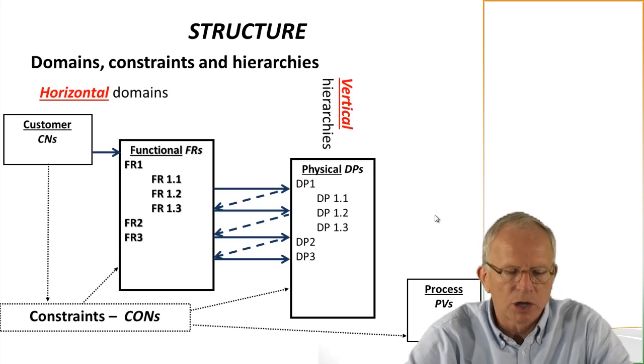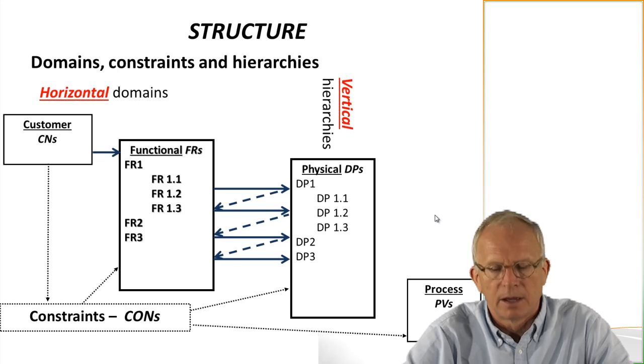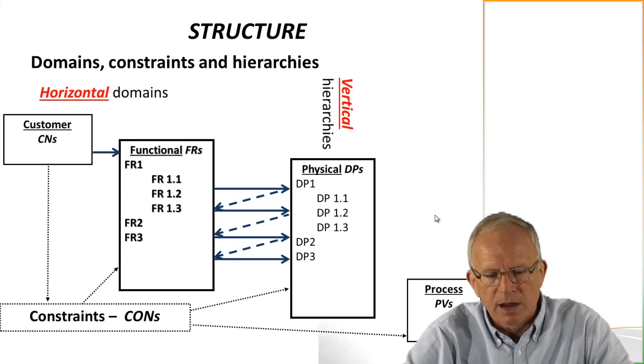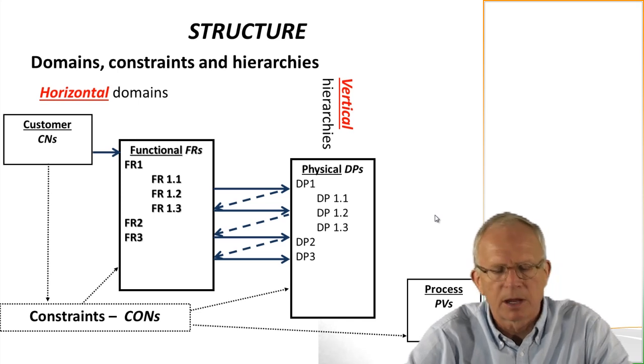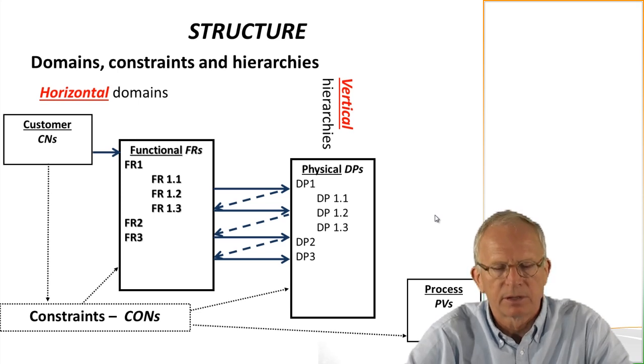Now, one of the things that this is showing that we didn't show in the previous diagram is the constraints in the lower left. The constraints, C's or cons, sometimes they're called. These are things that are not decouplable, essentially, and don't require physical DPs.